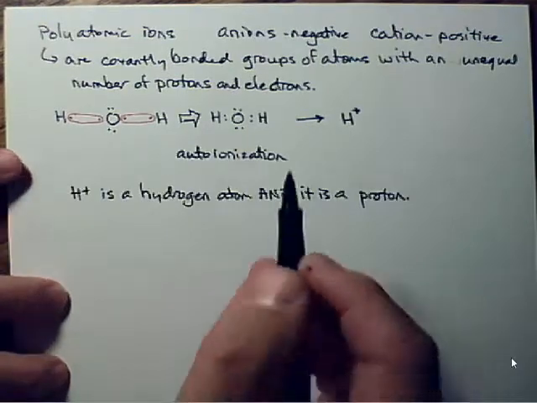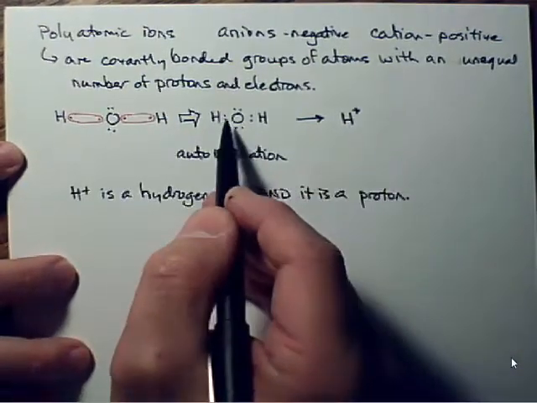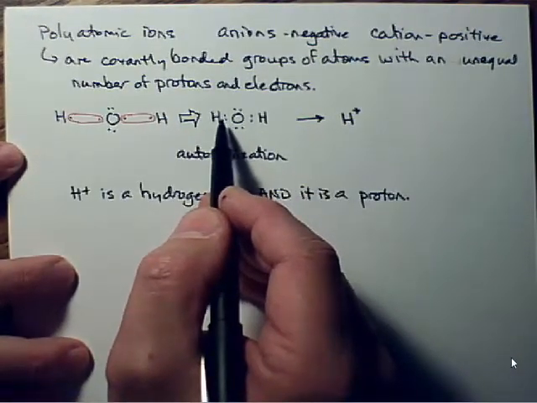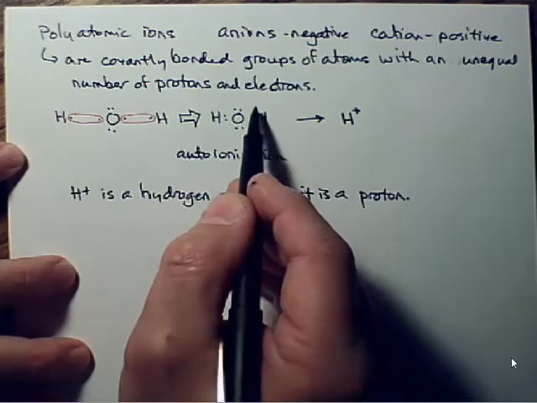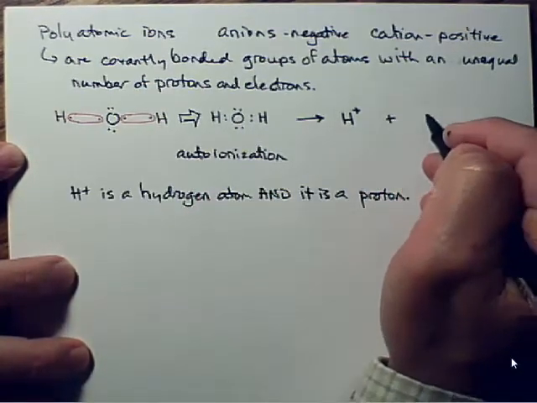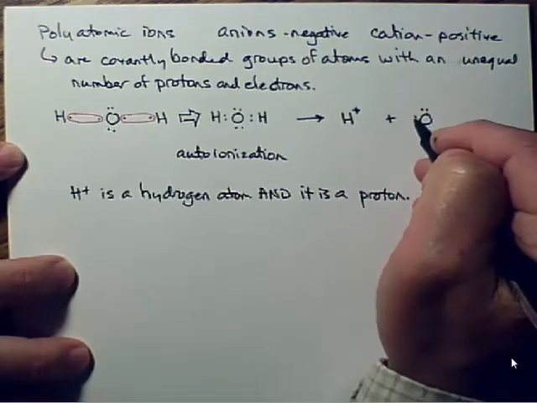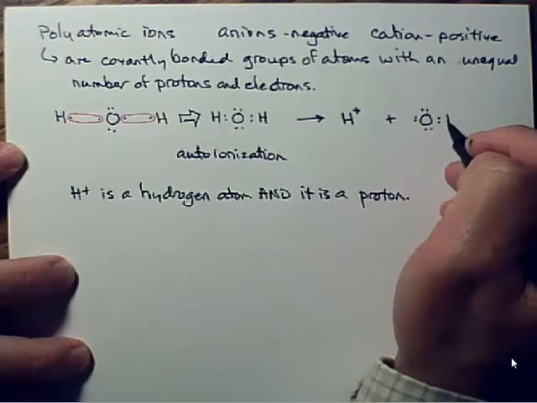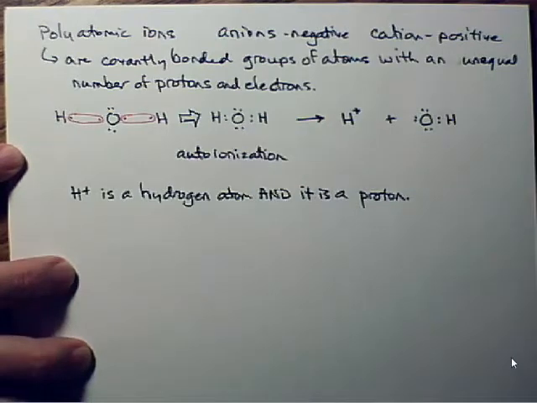Okay? All right, so if hydrogen leaves without its electron, then what's going to be left is everything else. So the other part that's there, once the hydrogen separates, is this.